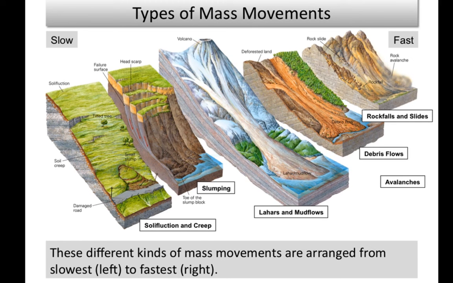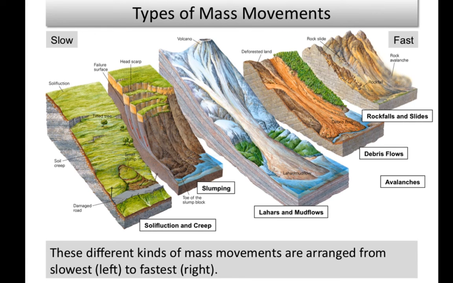Now, again, we're looking at velocity, slow versus fast. So on this chart, we're looking at slow features like this idea of creep. Creep is a more or less continuous movement of material downslope, and it occurs in a variety of different ways, mostly with freezing and thawing or wetting and drying, so it's going to be kind of a yearly cycle.